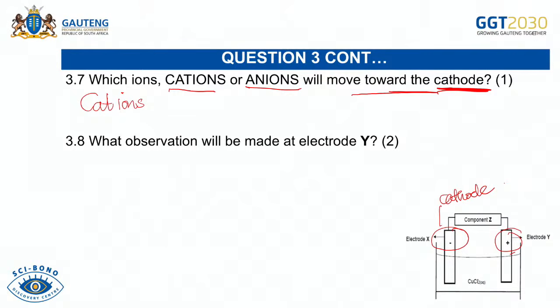So if they ask what observation will be made, we'll have greenish gas bubbles, because chlorine exists in the form of a gas. So greenish chlorine bubbles.